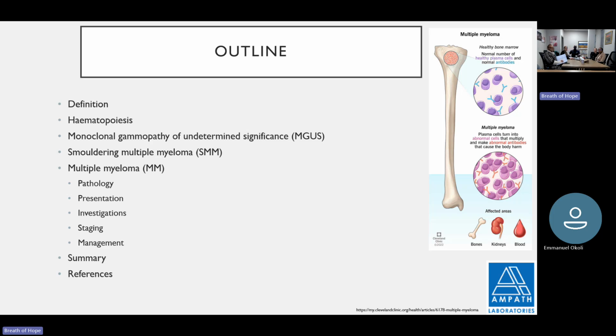And then at the end, the patient will present with a full-blown symptomatic multiple myeloma. So I'm going to recap again the pathology, the presentation, the investigation, staging, and I'm going to touch on the management. And then just a summary at the end.